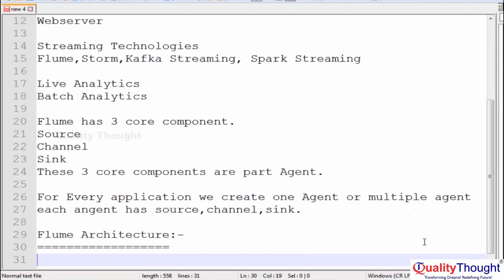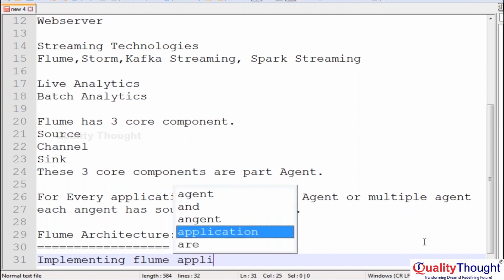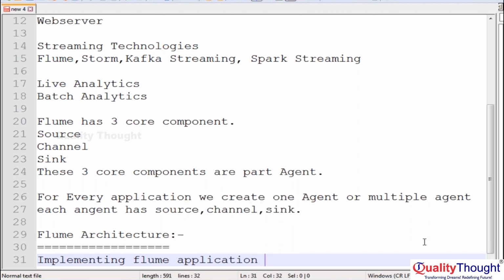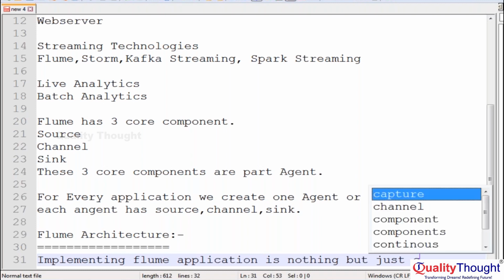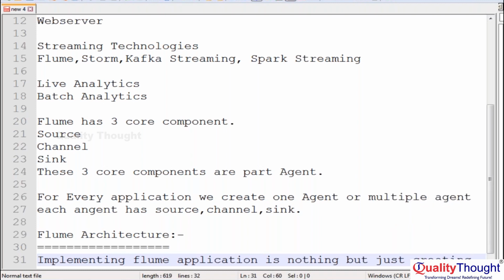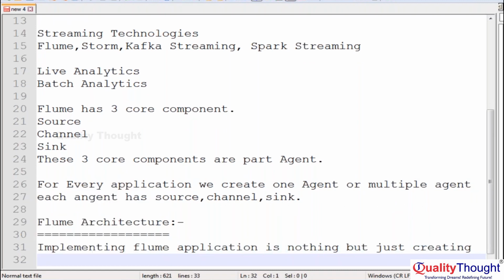Implementing a Flume application is very easy. It is nothing but creating a configuration file.